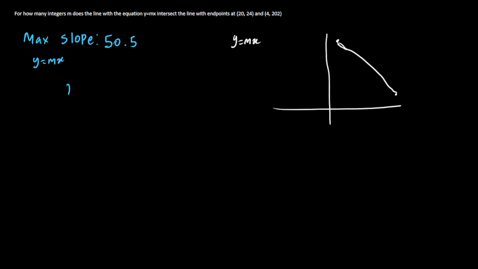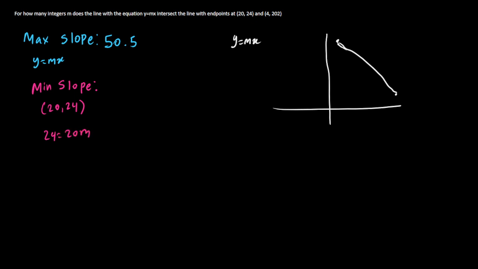So now let's find the minimum slope. Okay, let me erase this. Minimum slope. And the equation of the line is also listed above. So for the minimum slope, again, it has to go through y equals mx, but this time it has to go through the point 2024. All right, so again we can just sub in 24 for y and 20 for x, and that gives us 24 equals 20m.